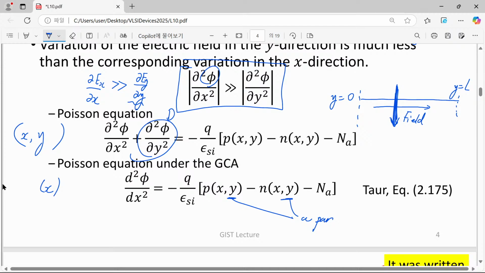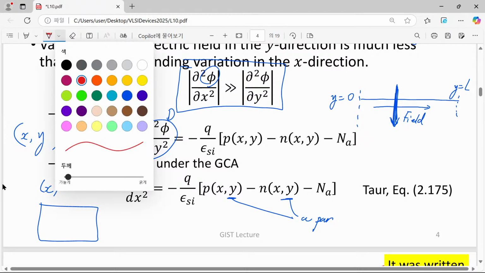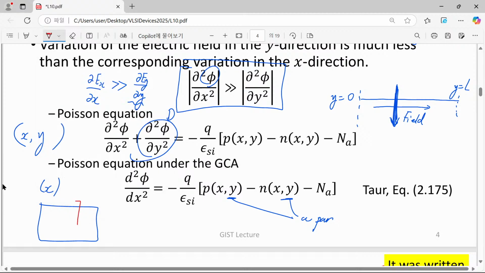Once we consider this vertical structure, then every analysis becomes exactly identical to that of a MOS system. So although we have to consider 2D, and actually the entire system, instead I will just solve several pieces of this one-dimensional system.